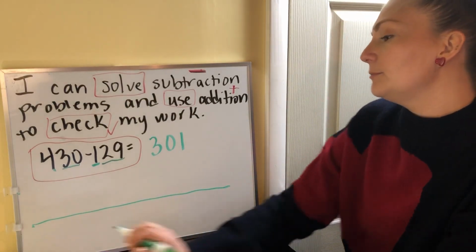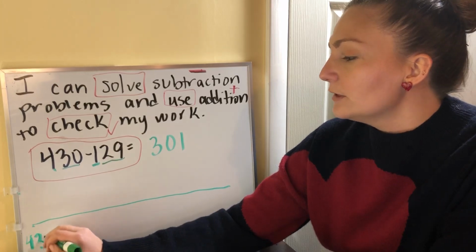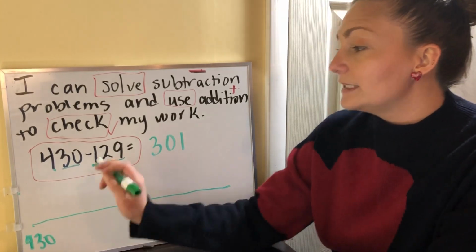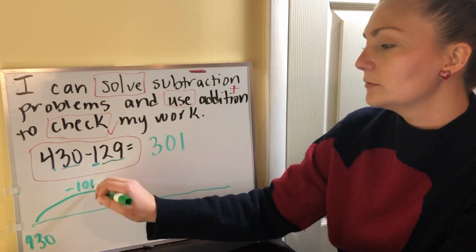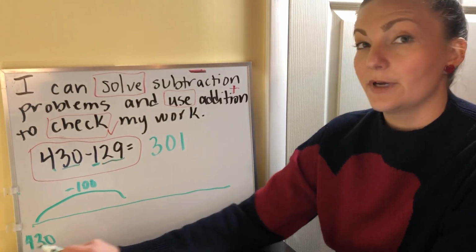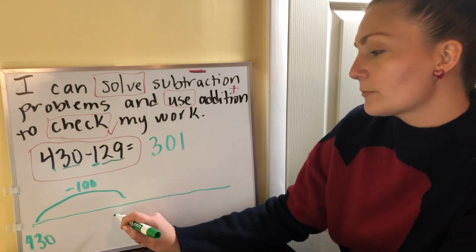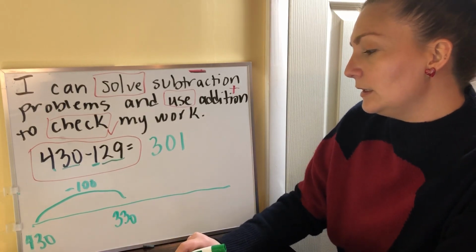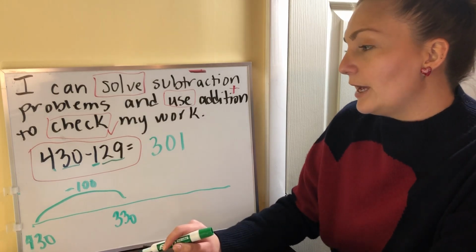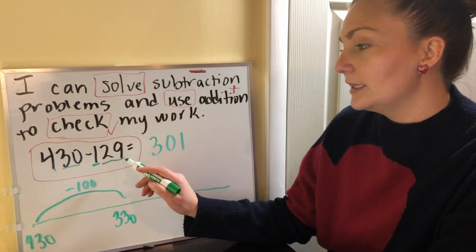So let's try a number line. Start at 430, and we have to take away 129. So I can take away 100 real easy by just taking away 1 from the hundreds place. So what would that give me? 330. Now I could take away 2 10s and then 9 1s.